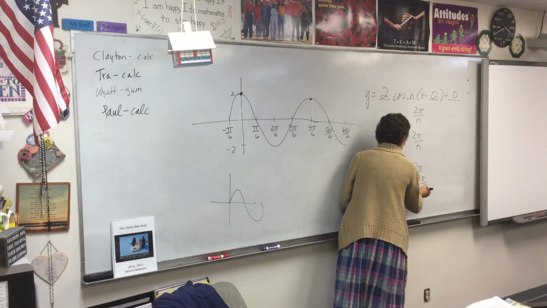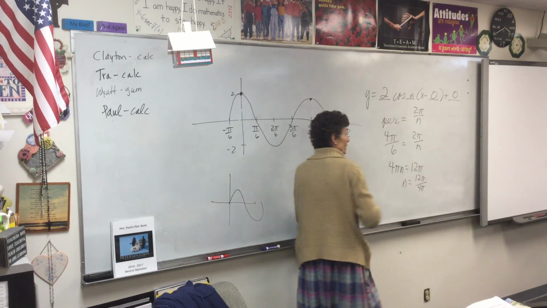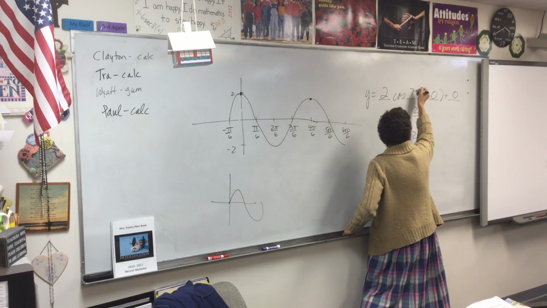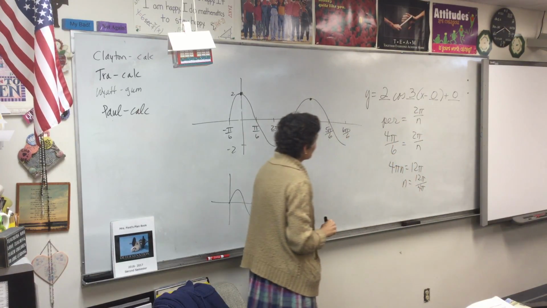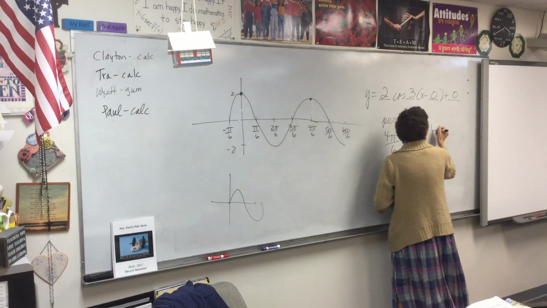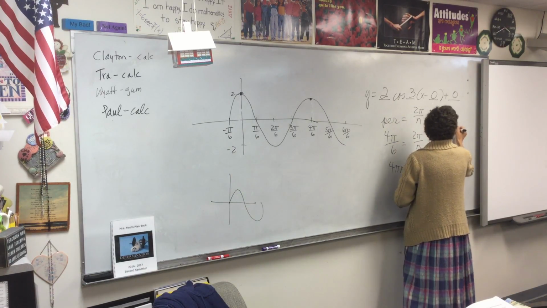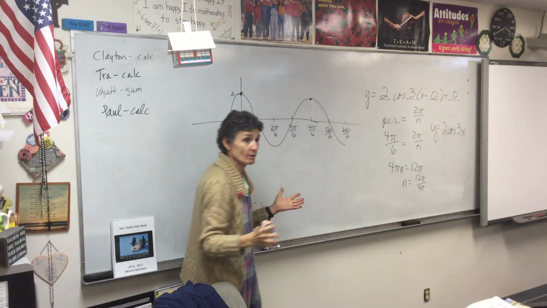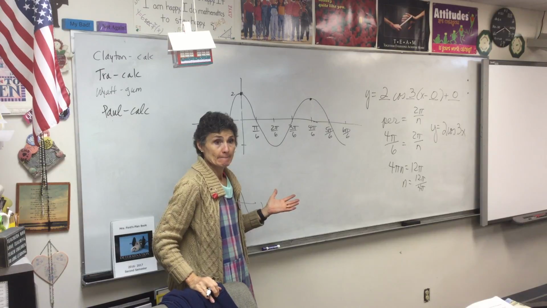So what number goes up there? What's n? 3. That's a 3. So if you want, I'm perfectly okay with that equation, but if you wanted, you could just write it as 2 cosine 3x, right? That's all we have? Everything else was 0? Yeah.